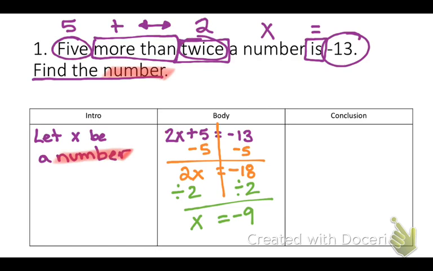So again, I look at my intro, and the words on my intro say a number. And so I'm going to write a number is negative 9. And that is how you manage a story problem, okay? Pause the video, make sure you have all of these markings on your paper.